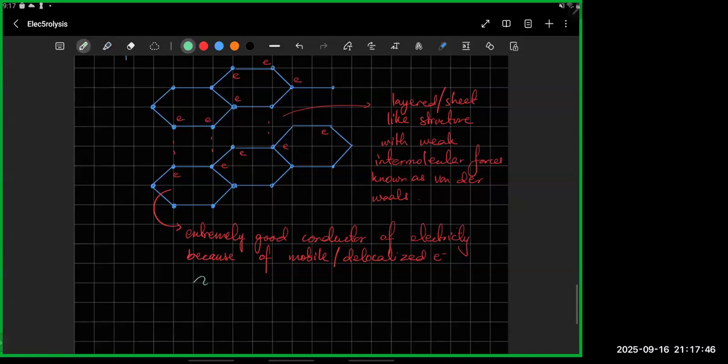So remember for graphite as well, keep this in mind: it doesn't break down, nothing happens to graphite when electricity flows through it.